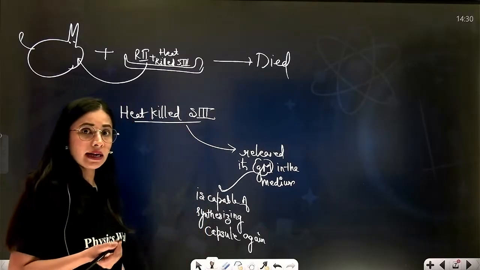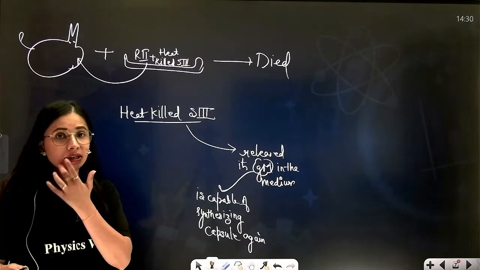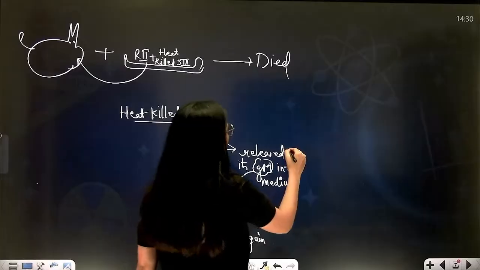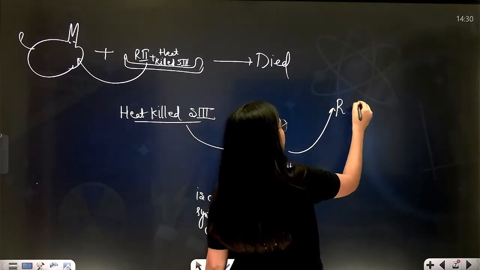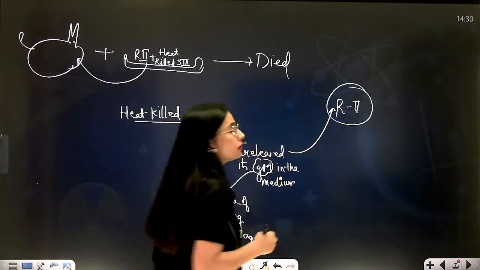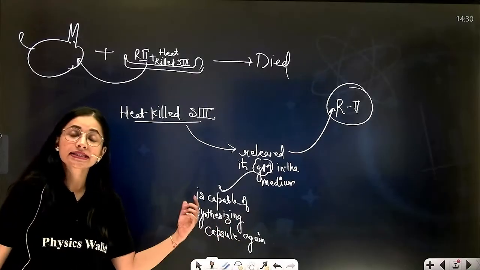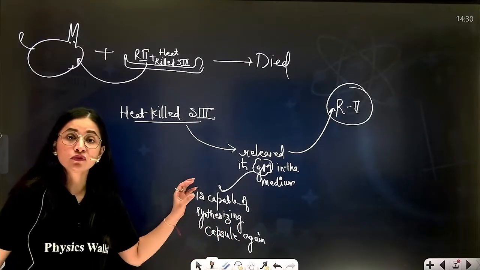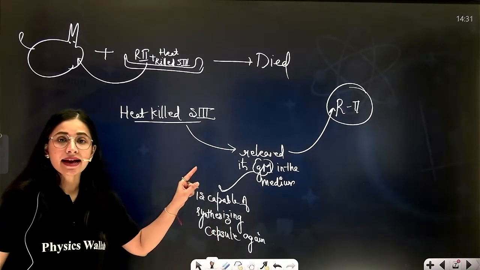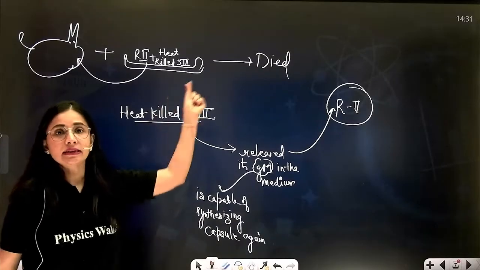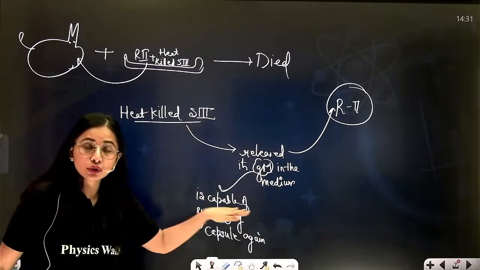Now this released genetic material is then picked up by the R2 bacteria, which is also cultured in the same medium. Now that infectious genetic material has passed from S3 to R2 through the medium.